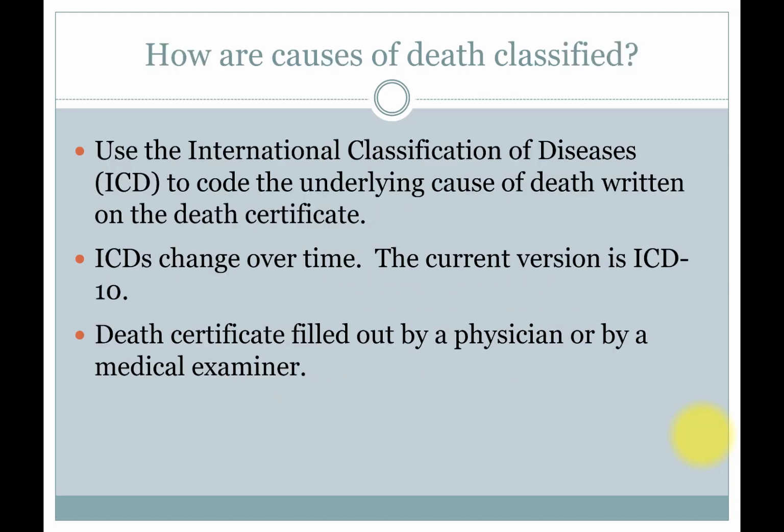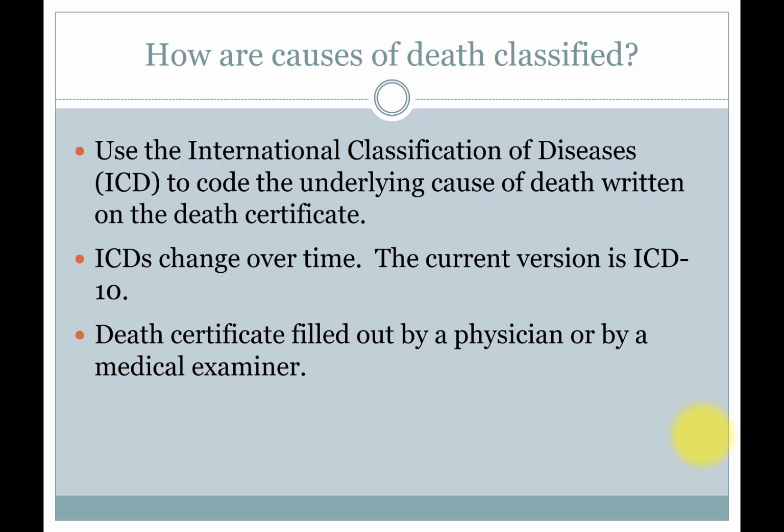Most of our information about deaths comes from death certificates. The International Classification of Diseases, or ICD, is used to code deaths according to the underlying cause of death. The underlying cause of death is defined as the disease or injury which initiated the train of morbid events leading directly or indirectly to death, or the circumstances of the accident which produced a fatal injury.